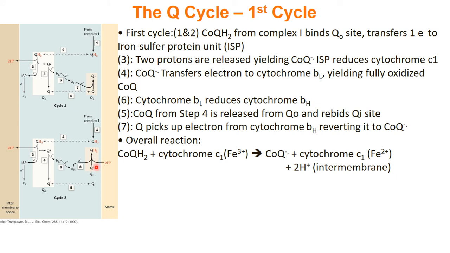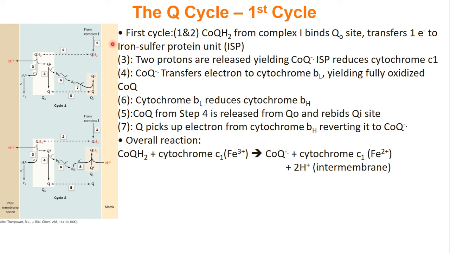But this coenzyme Q will get a second electron, and then it will pick up 2 hydrogens from the matrix. And then that's free to leave, and it can go through this cycle again to start donating electrons and pumping out the hydrogens it just collected from the matrix into the intermembrane space.